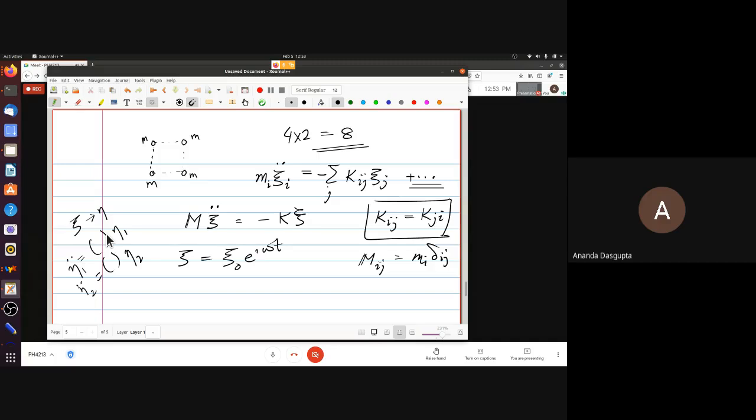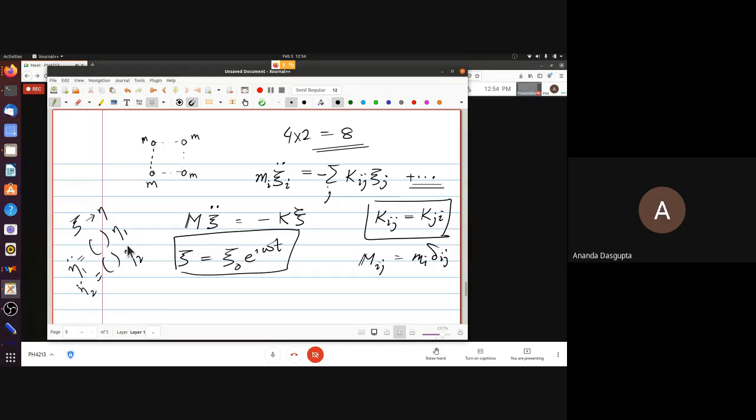So the very fact that you are making a statement like this, that xi is xi 0 e to the i omega t, presupposes that you can actually decouple the equations and write down independent oscillator equations. And it's possible to set up a situation such that only one of those oscillators gets excited, so that in terms of the original coordinates, all of them are going to oscillate with exactly the same frequency as that particular normal mode.